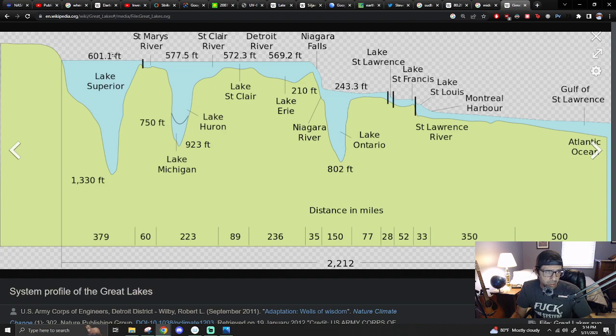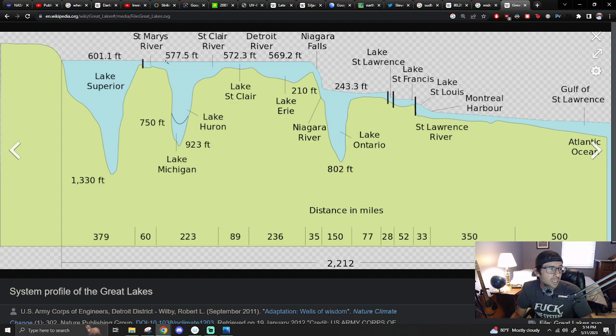What is this? 601 feet. That's not its width. I don't know what these numbers are. These ones, maybe it's like a secondary depth. I don't know. Or maybe, oh yeah, it's probably going like that.